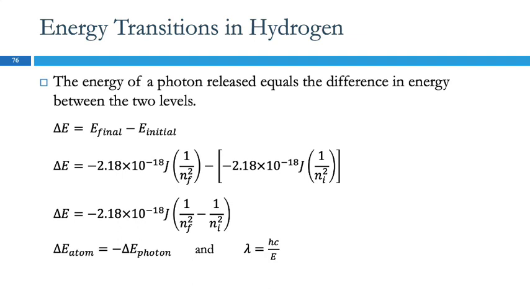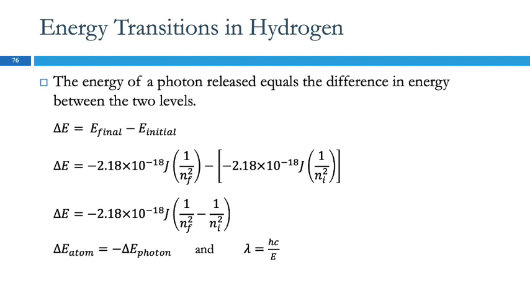This can get a little confusing with negative signs, because we can talk about the change in energy for the atom or the change in energy for the photon, right? So when a photon is emitted from the atom, the atom has lost energy, right? So its energy is going to go down. But can the energy of a photon be negative?